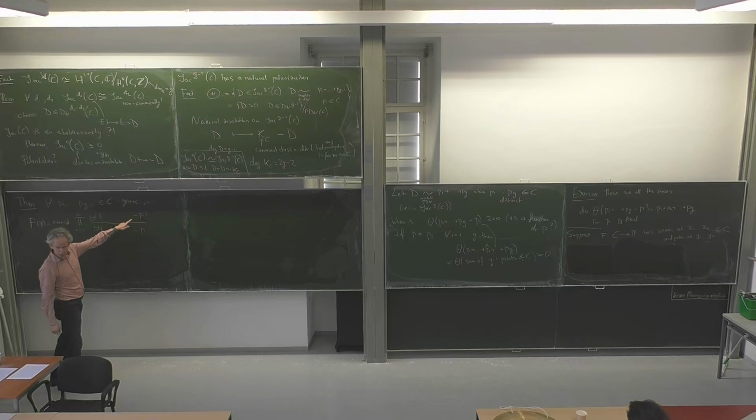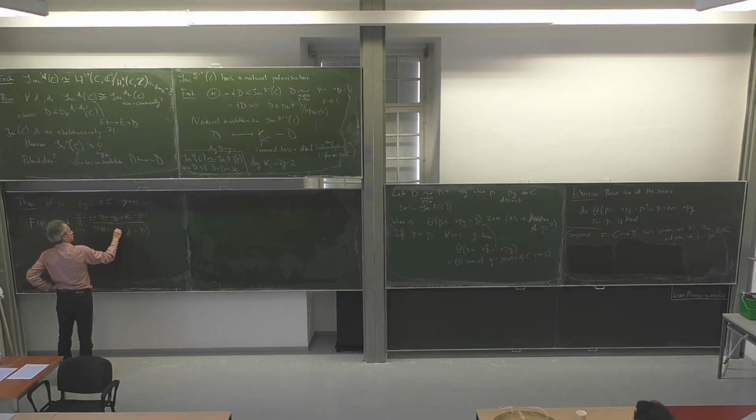In the numerator, I want it to vanish at z_i. Here I want it to vanish at y_i, so I write that. And here I write P1 plus ... plus P_{g-1}. And here I write P1 plus ... plus P_{g-1} plus that.